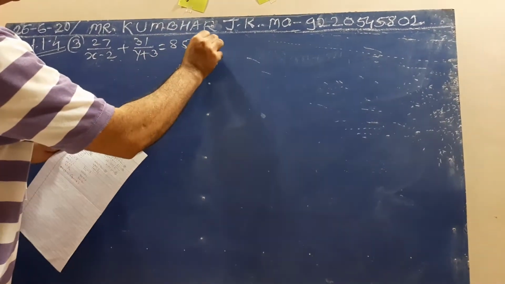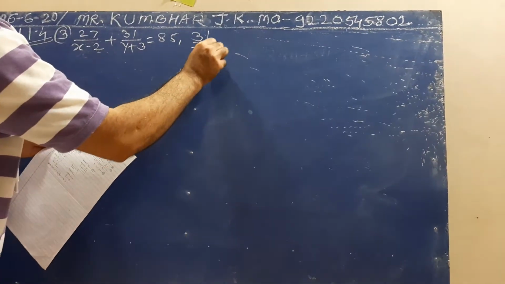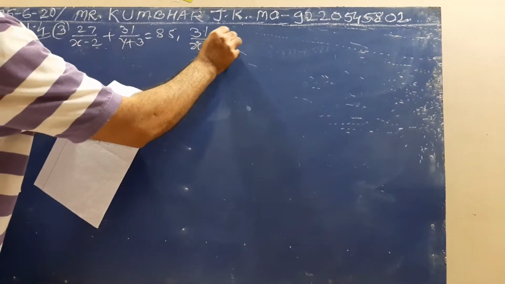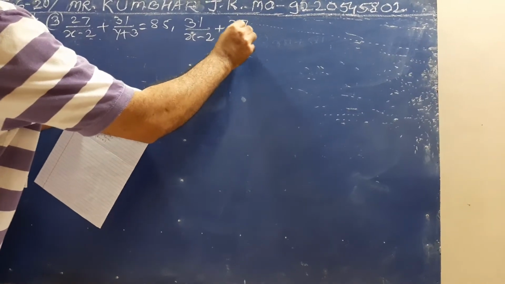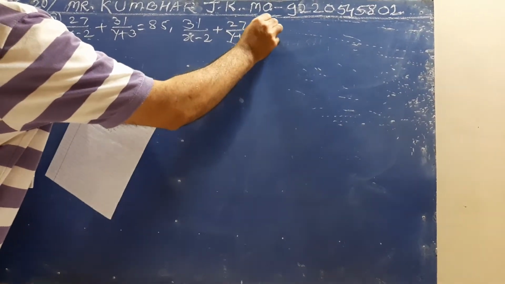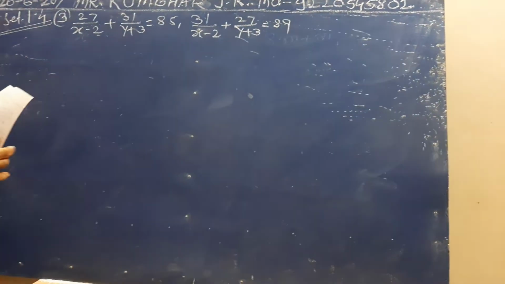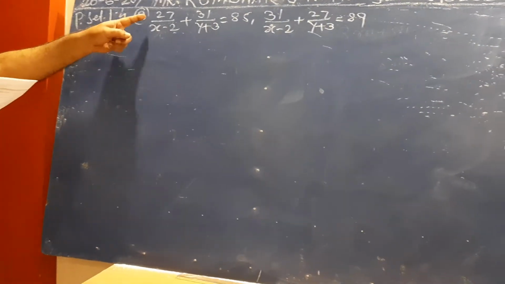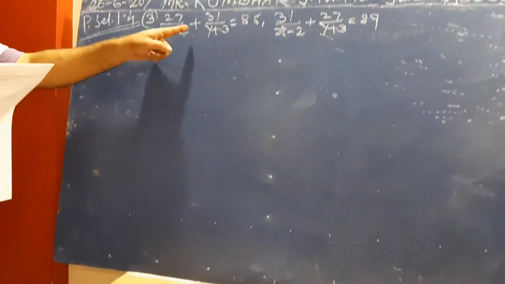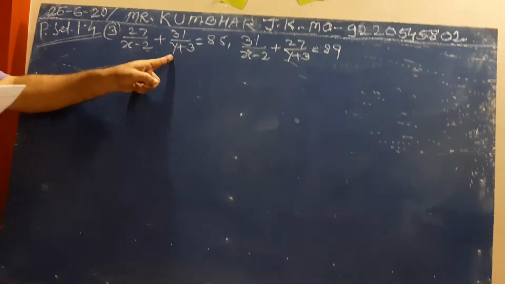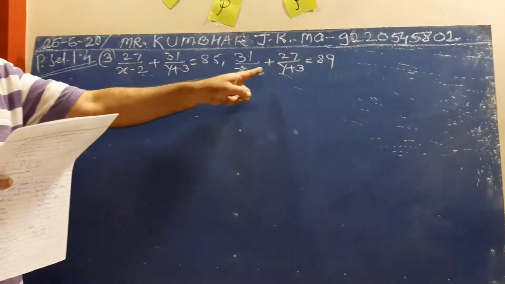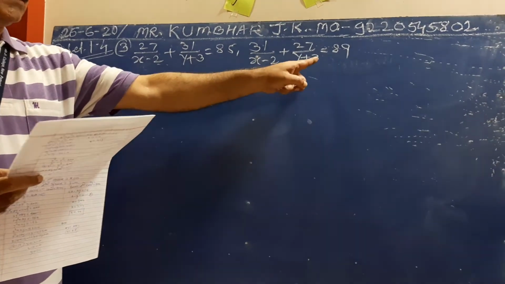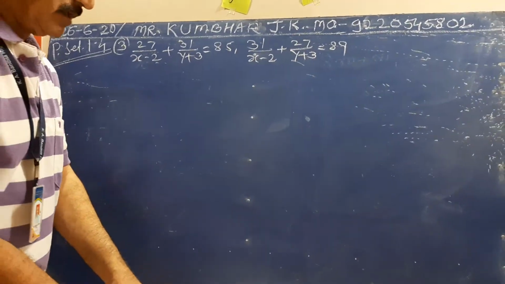Then 31 upon x minus 2 plus 27 upon y plus 3 is equal to 89. Again check once. 27 upon x minus 2 plus 31 upon y plus 3 is equal to 85. 31 upon x minus 2 plus 27 upon y plus 3 is equal to 89.